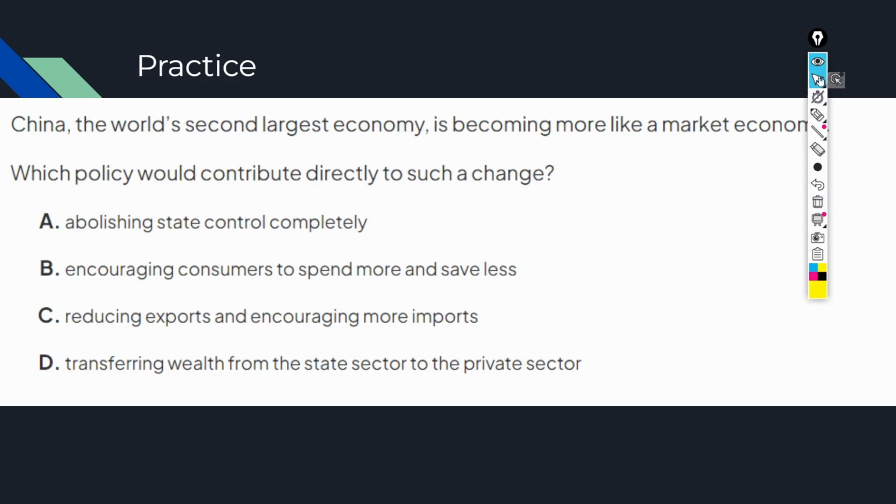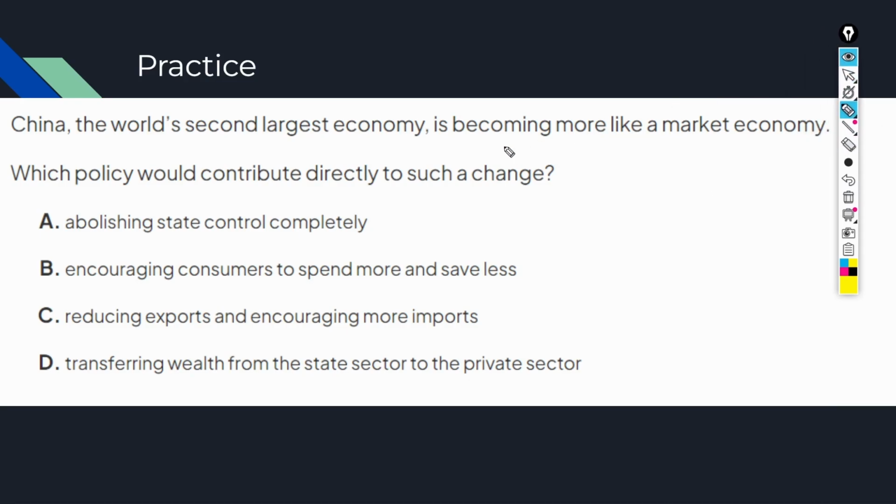Next, we're going to be looking at this question. So China is the world's second largest economy and is becoming more like a market economy. Which policy would contribute directly to such a change? So this would not be B, since encouraging customers to spend more and save less doesn't make sense.